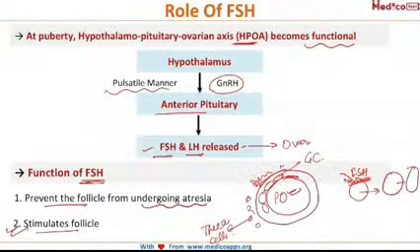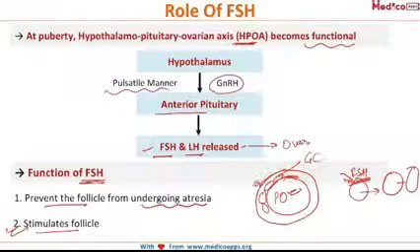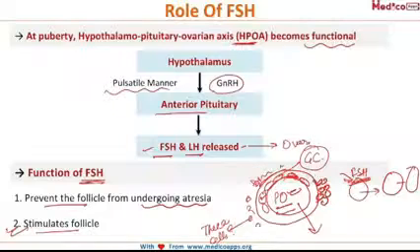Now if you try to recall the structure of the primordial follicle that we have discussed just now, we have a primary oocyte, and this primary oocyte is surrounded by the granulosa cells, the flat cells. Outside this, the theca cells are present. So this primordial follicle has two types of cells, the granulosa cells and the theca cells.